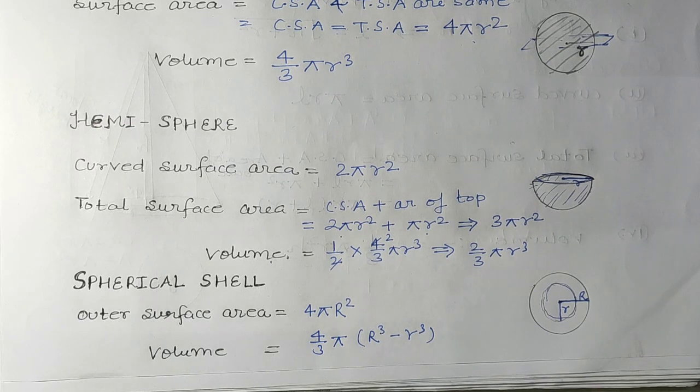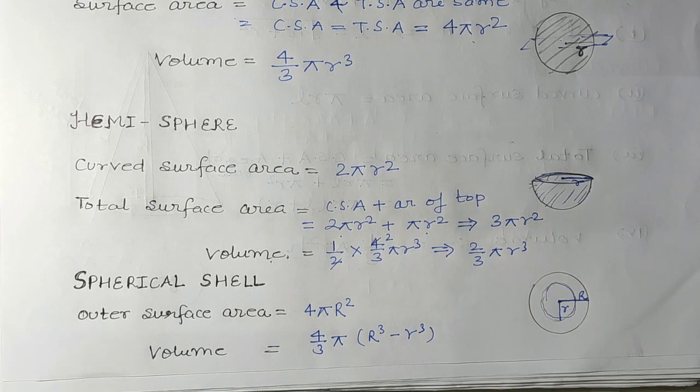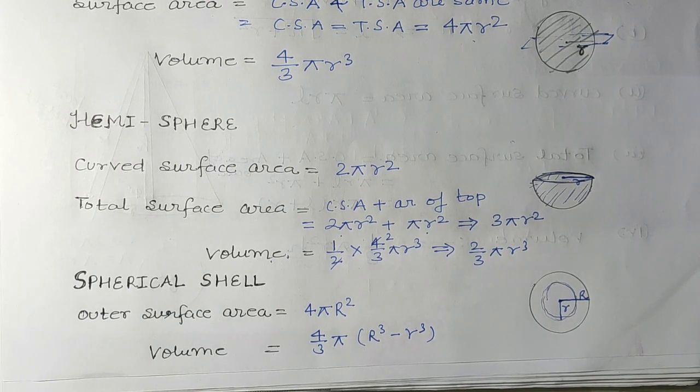I have told you the derivation so that you can build concepts regarding these solids. So just note down everything, and in the next class we will see the questions of exercise 13.1. Before that, just note it down and try to understand each concept properly.